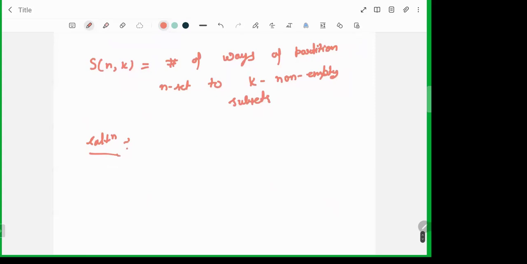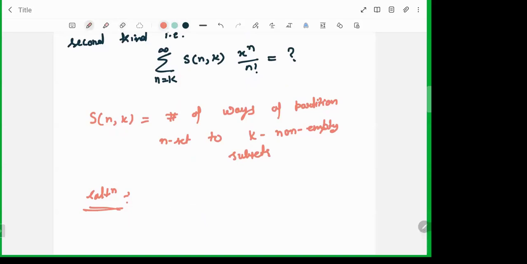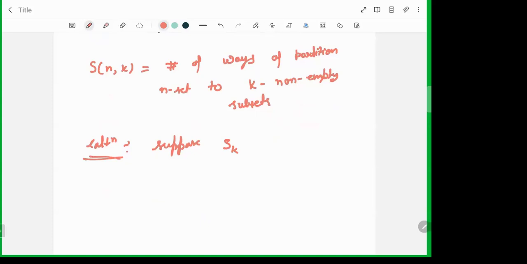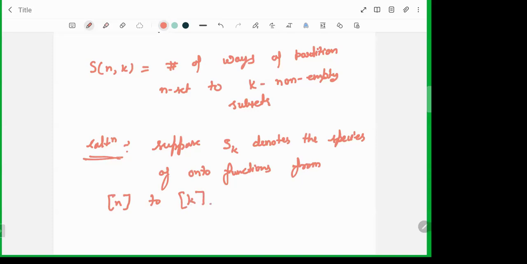Suppose S_k denotes the species of onto functions from n set to k set. Onto functions from n to k set.